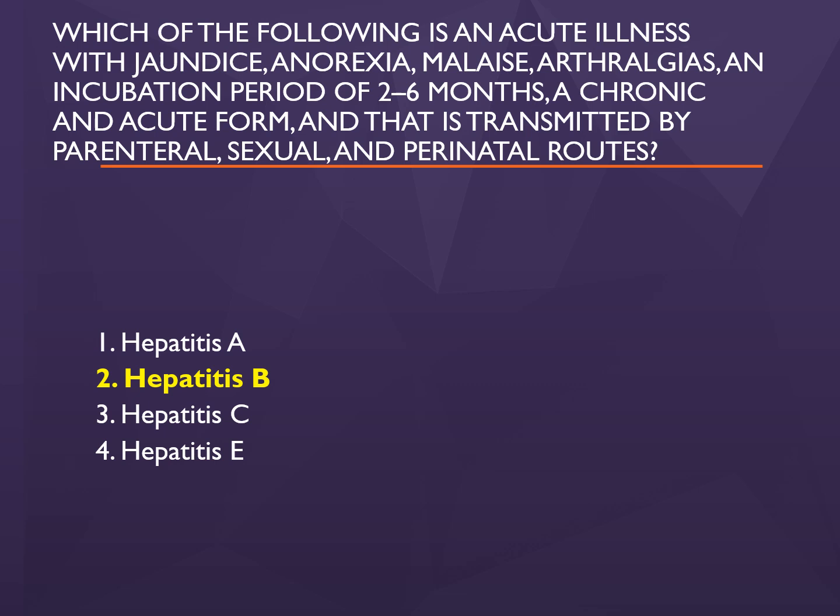The incubation period is 14 to 18 days. And up to 75% of those infected with hepatitis C will develop chronic infection. And finally, hepatitis E is characterized by fecal-oral transmission that is associated with contaminated food and water and has an incubation period of 14 to 60 days and no chronic disease state.